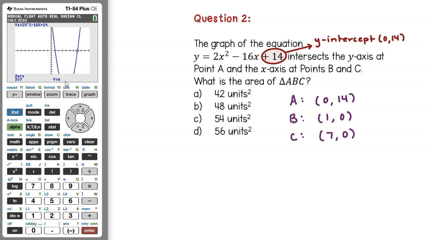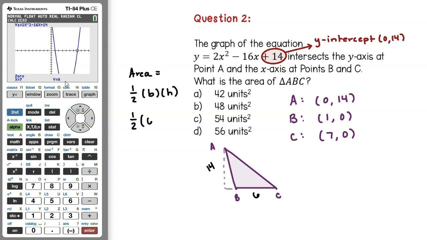Now, I need to construct a triangle out of these points, and I need to find the area of that triangle. So let's take a moment to do that. Okay, that means that our triangle will have a height of 14 units.